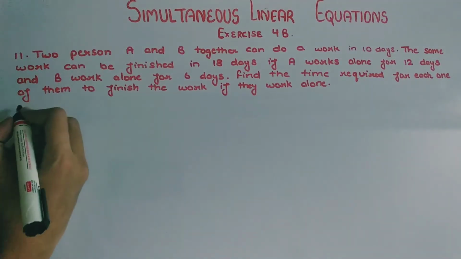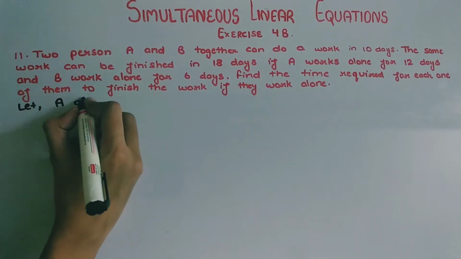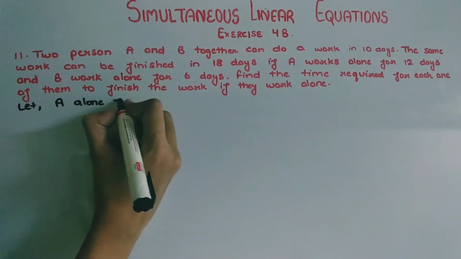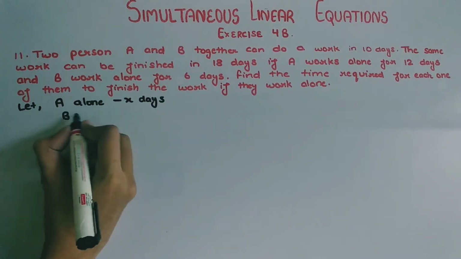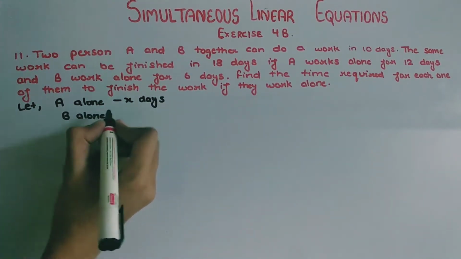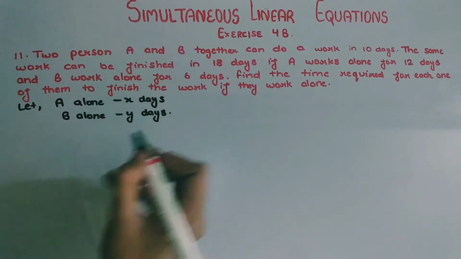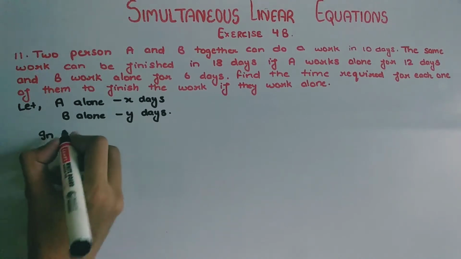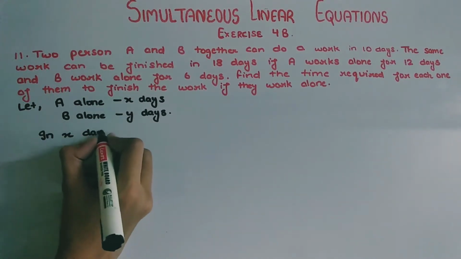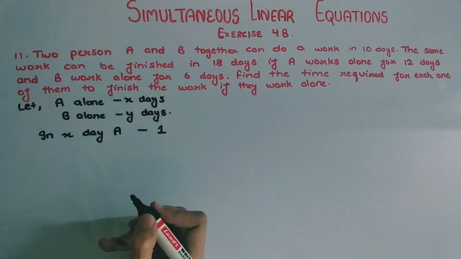First of all, let us assume that A alone completes the work in X days and B alone completes the work in Y days. Now we know that in X days A completes the whole work.